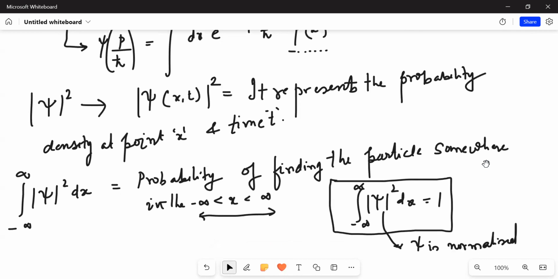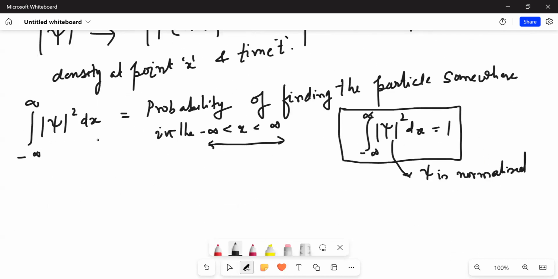In the language of linear vector space, we can write this as the norm of psi.